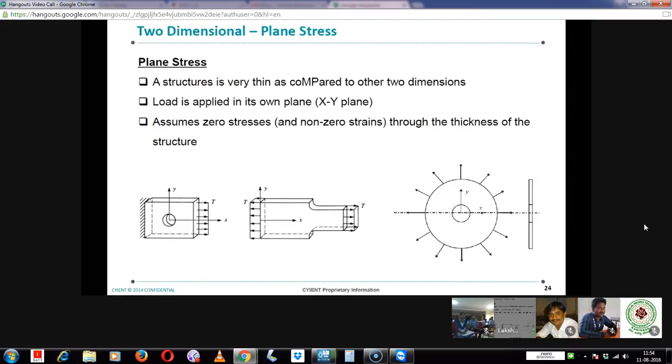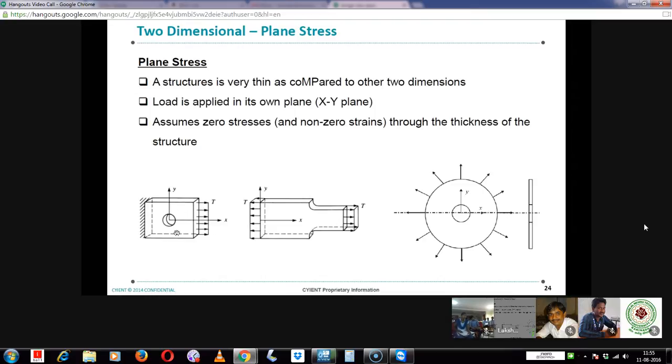So coming to plane stress, if a structure is very thin compared to the other two dimensions, then we can consider it as a plane stress problem. One of the important considerations is that loads will be applied in its plane. If you take this component, the dimensions along the x and y directions are bigger than the third dimension, and load can be applied only in the xy plane.